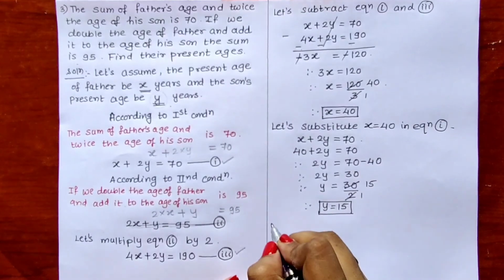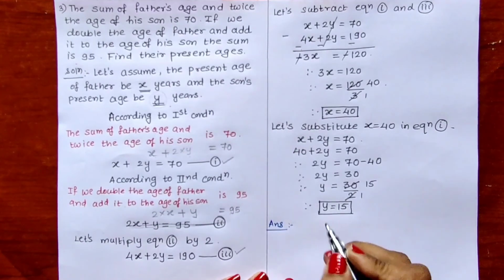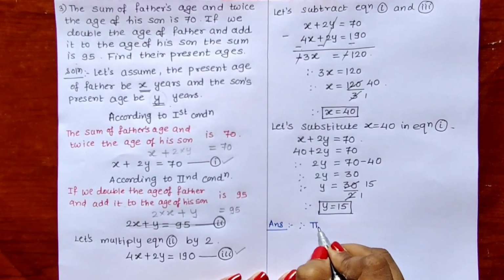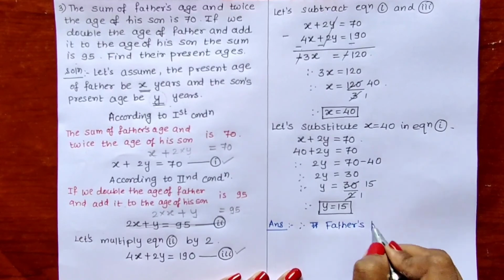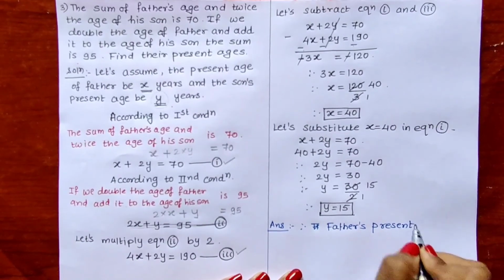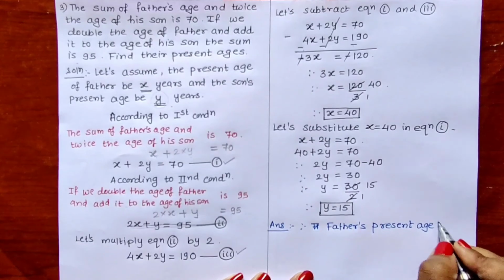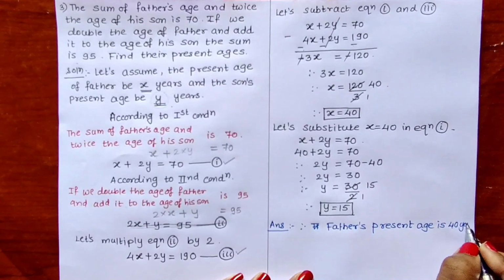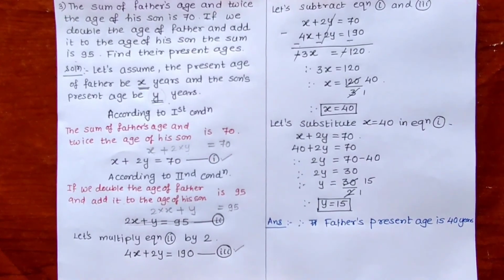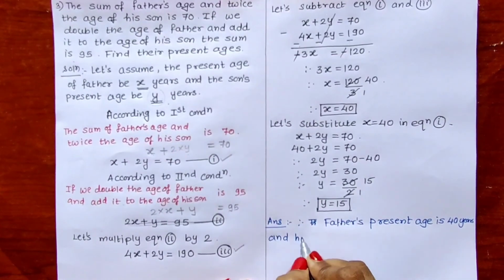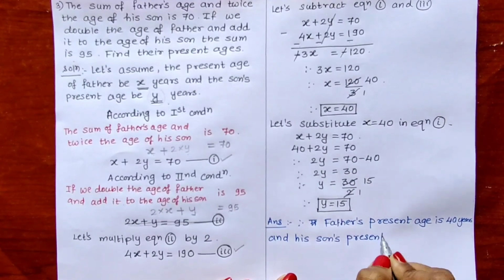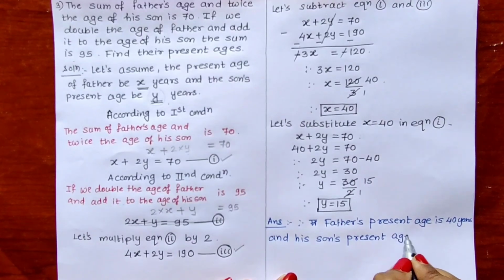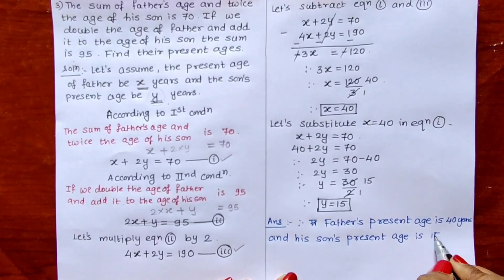So therefore the answer is, therefore father's present age is 40 years and his son's present age is 15 years.